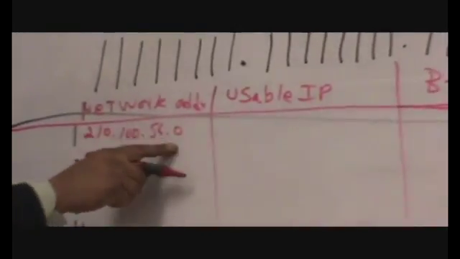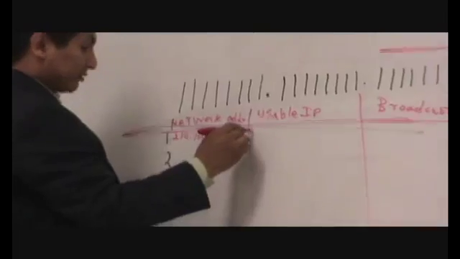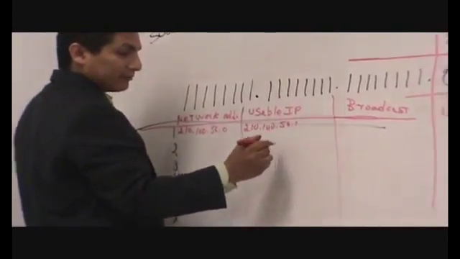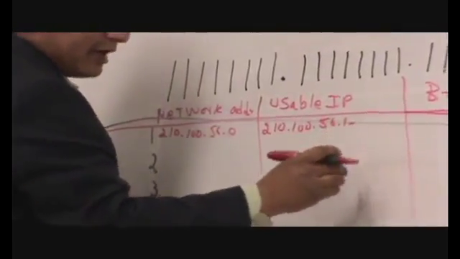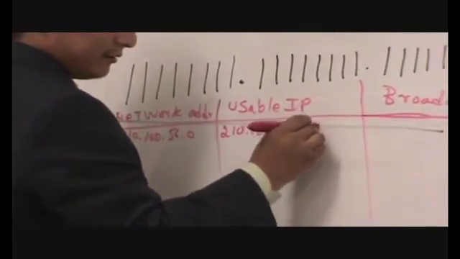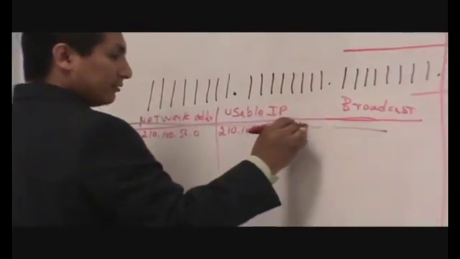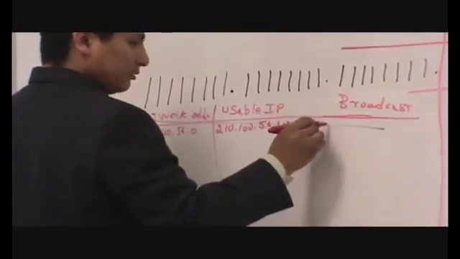Doesn't matter what that number is here. Even if that was a 7, we still start with a 0 here in this particular case. All right? And so that my first usable address in this network is going to be 210.100.56.1. And my last usable address here, how many hosts do we have? 30 usable hosts.